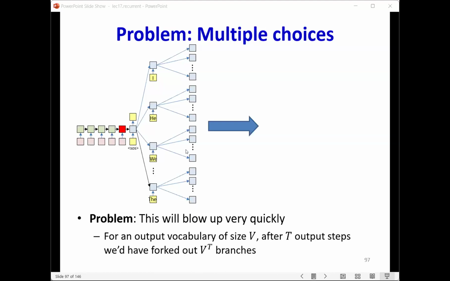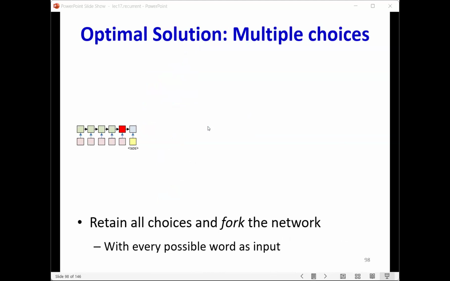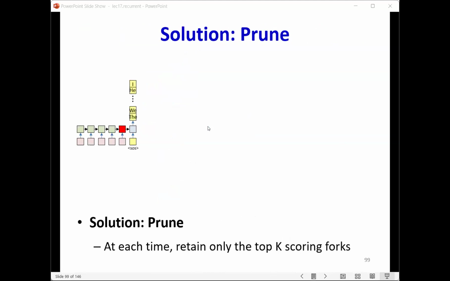So how do we deal with this? And many of you gave me an answer. The beam, right? So I'm going to prune at each time. I generate all of these, but at this time, I decide I'm only going to keep the k-best choices.